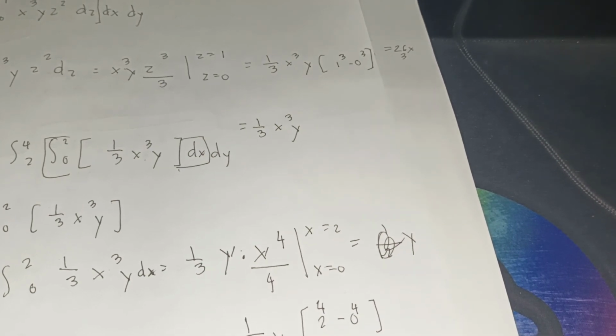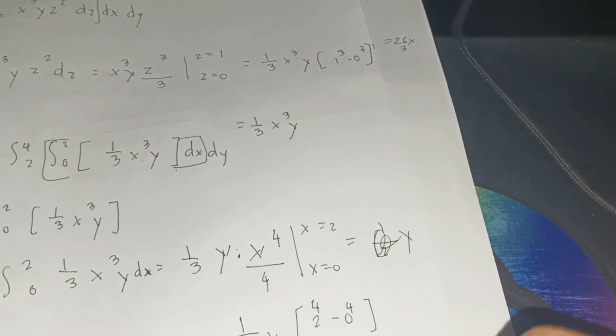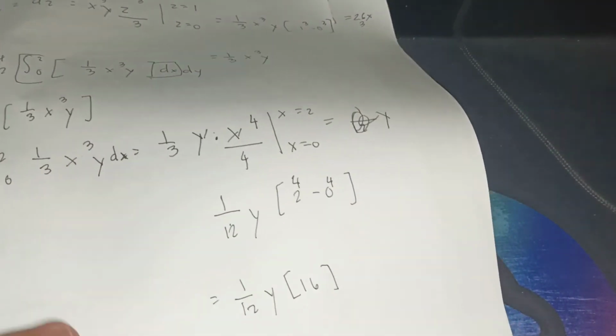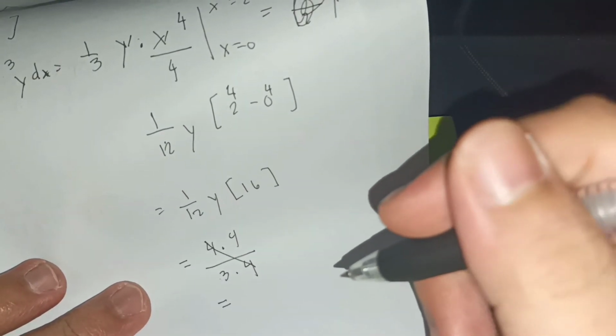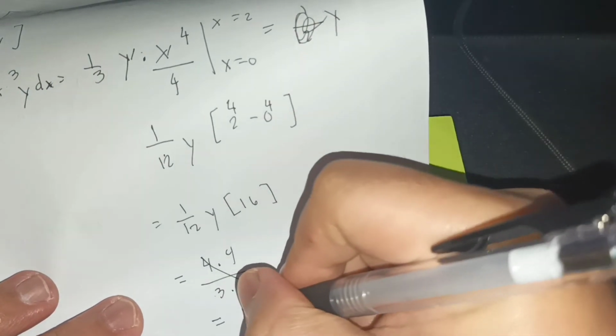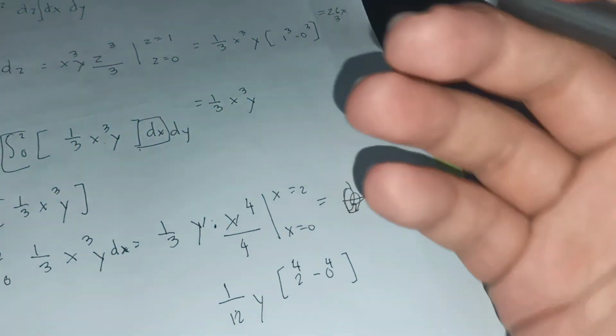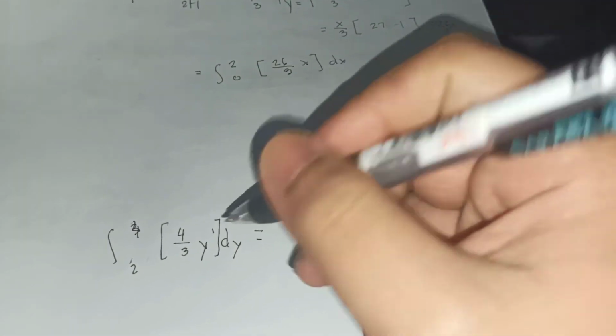If you're thinking this is 4, you have to separate them, one from the bottom and one from the top. So it will be now equals to 4/3 y, and now we are heading to our final integral. So now that's solved. I already wrote it.